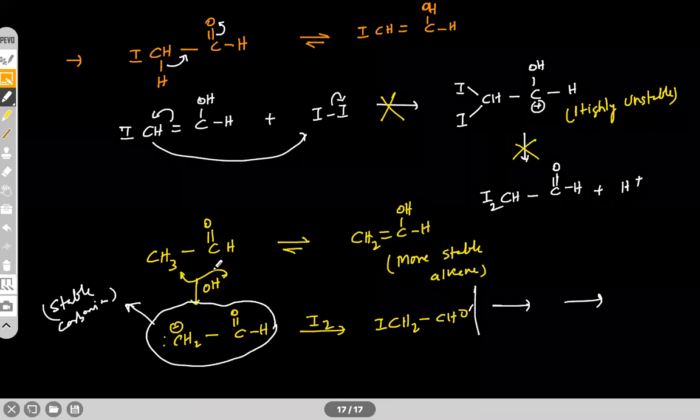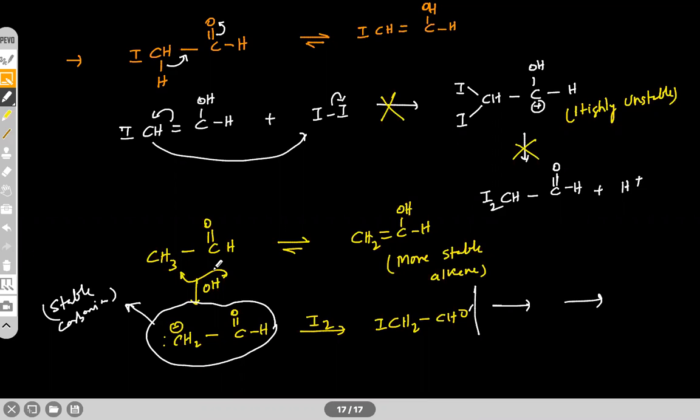Only one equivalent of I2 we are using, right? If you use 3 equivalents of iodine here in basic medium, it gives the iodoform reaction. But that is not the case because we are using only one equivalent of iodine in order to get the alpha halogenated product. Understood this?